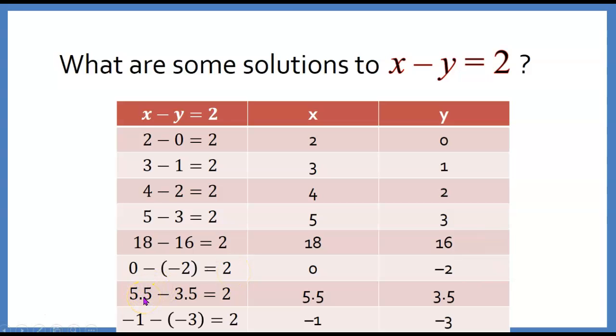X could be 5.5 and y could be 3.5, because 5.5 minus 3.5 equals 2. X could be negative 1 and y could be negative 3. Negative 1 minus negative 3 would be the same as negative 1 plus positive 3, and that would be 2. And we could sit here all day and keep thinking of possibilities. There's no end to the solutions that you can find.